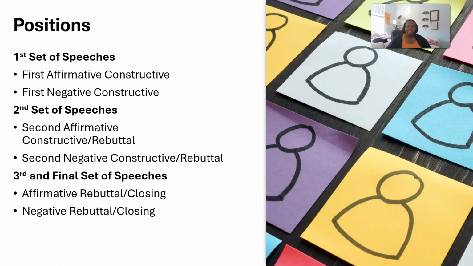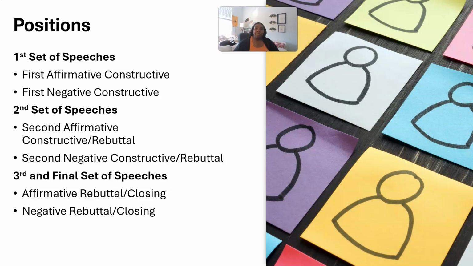All right, so let's talk about the positions. Like I said before, in general, I have teams of three. So we have the first set of speeches, second set of speeches, and third set of speeches. But if you're one-on-one, then you're all those things. In that particular context, you have the first, second, and third rounds, or first and second round.